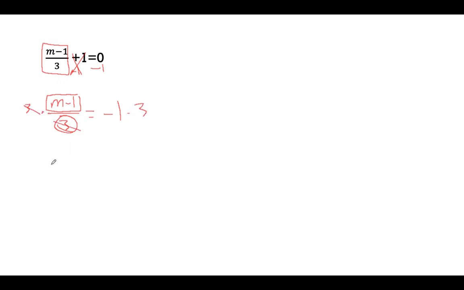Then those cancel, so on the left you have m minus 1, because that divide's gone, equals negative 1 times 3 is negative 3. Now you just have to get m by itself. Well, look, m minus 1, all you have to do is add 1 to both sides. m equals negative 3 plus 1, which is negative 2.